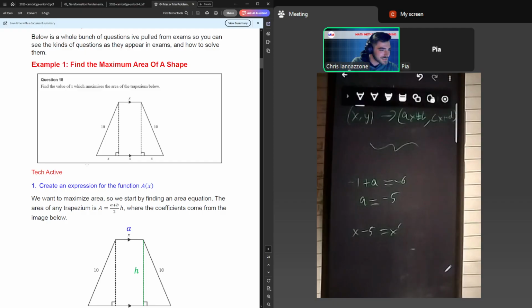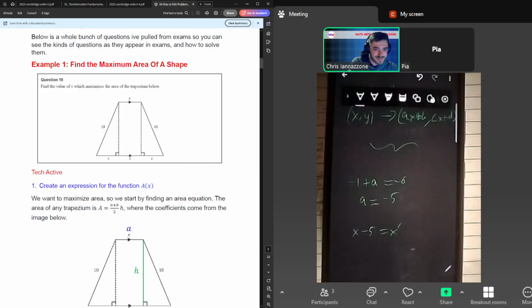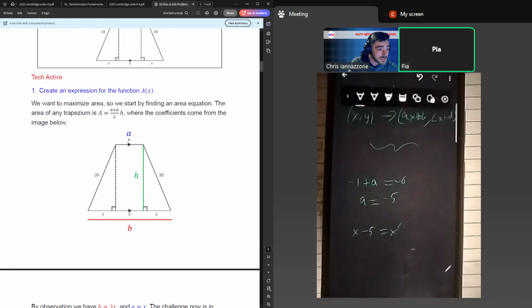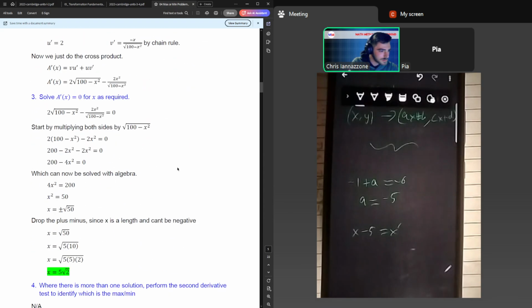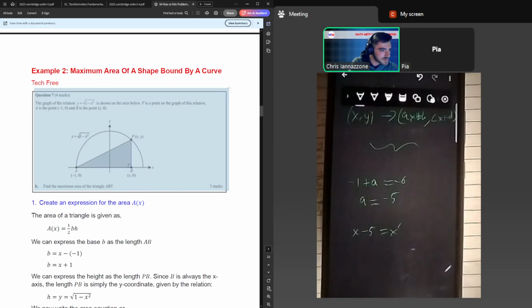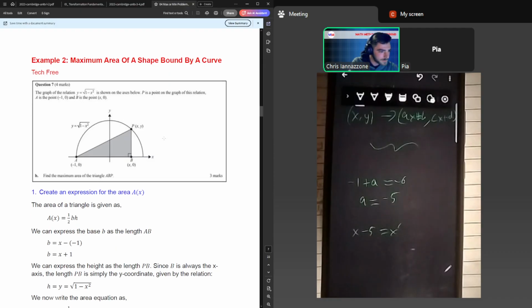Is it something like this? Could I send a photo to you, like through the chat? Yeah, you can send a photo. Either that or maybe something like this. Yeah, I guess so. Yeah, like this one. Okay, cool.